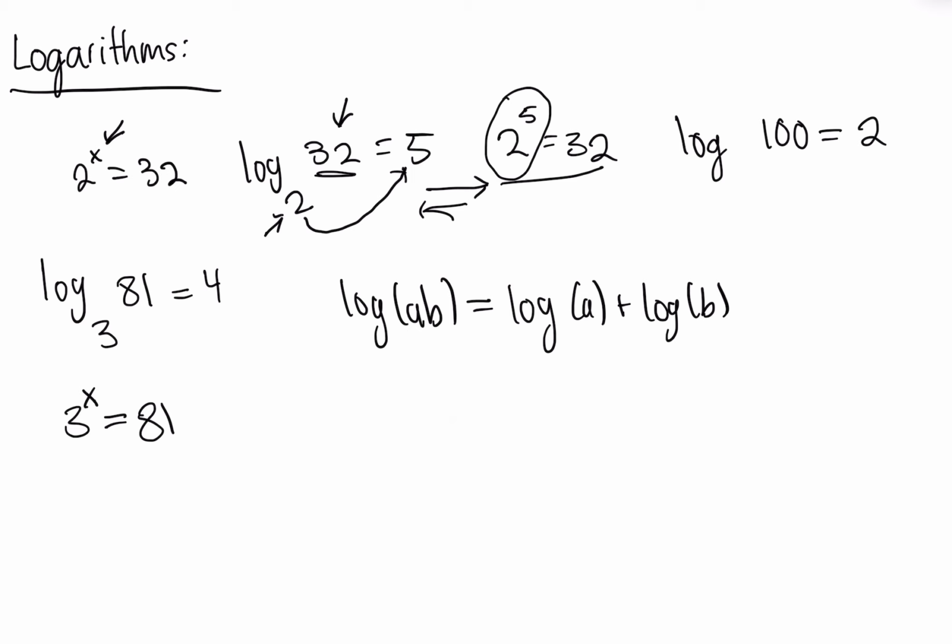Now, log AB is equal to log A plus log B. This is just a logarithm rule. If you have a log and the argument is AB, it could be rewritten as log of A plus log of B. Now, it is important to remember that the base of these three all have to be the same. And in this case, they are, because since there's no number there, we can assume it's 10.